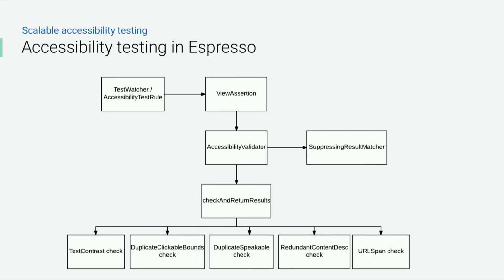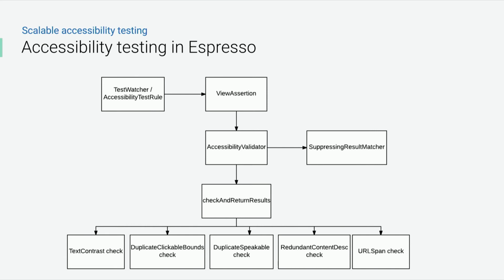So the way we approach this is by writing an accessibility test rule, which is basically a test watcher in Espresso. The way it works is we wrote a view assertion, and a view assertion is nothing but a callback you get when any view action is performed on that view.